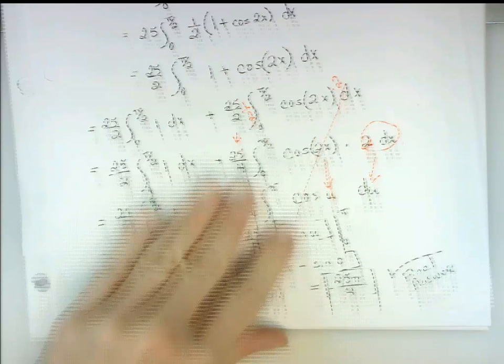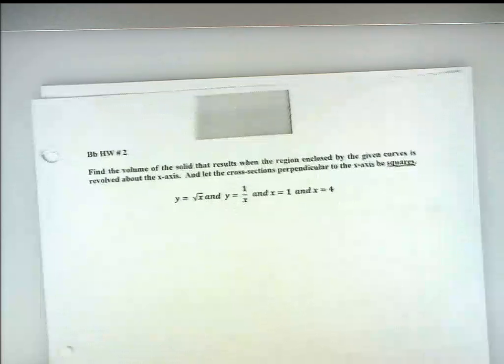the problem. I want to show you your Blackboard homework, and I don't want to write on this. This is like finding the volume of the solid using cross sections, which are squares. Find the volume of the solid that results when the region enclosed by the given curves is revolved about the x-axis.